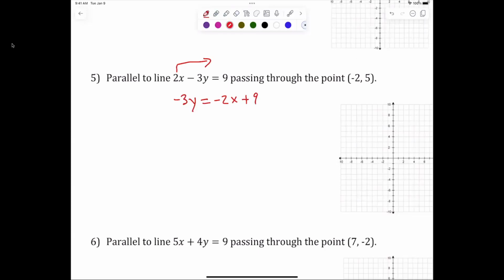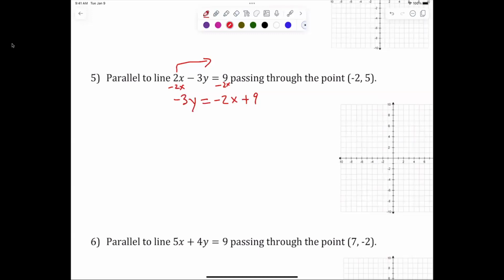Now, stop me right here if you don't see that. All I did was I picked up the 2x and I threw it over to the right side. The 2x on the left side is what? Positive. So if I move it to the right side, it becomes what? That's it. If you can't see that, then please feel free to put minus 2x and minus 2x. I don't want you to do that. I want you to say the logic is get y by itself, so I need to move the 2x over.